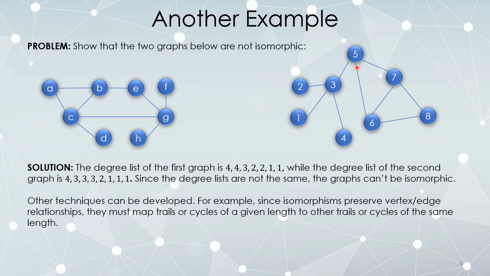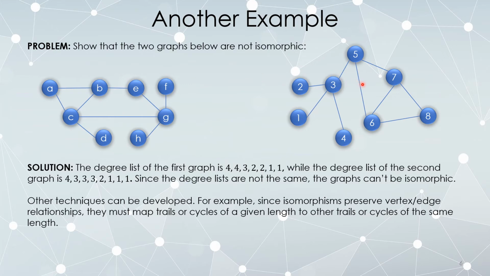Now in this case, I could send it here. Here's a nice triangle, or here. But notice that over in this map, there are actually 2 distinct triangles that share an edge. There's no such structure over in this map. Whatever 5, 6, 7 is mapped to has to be a triangle, so the only way I can put 3 vertices in a cycle over in this map is ABC.